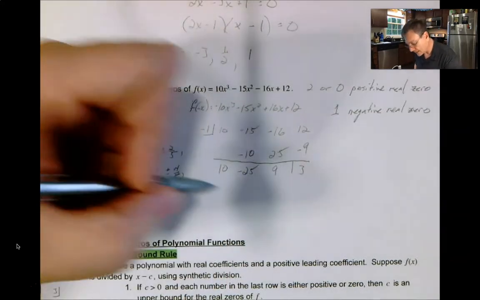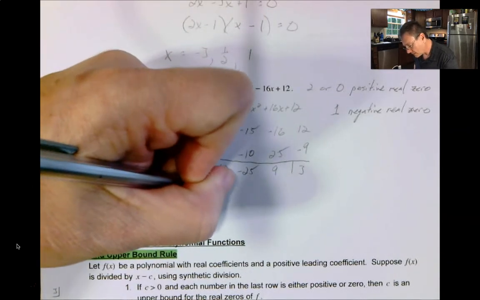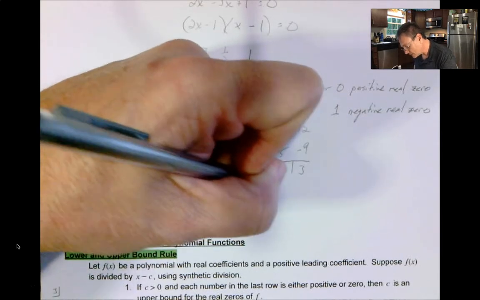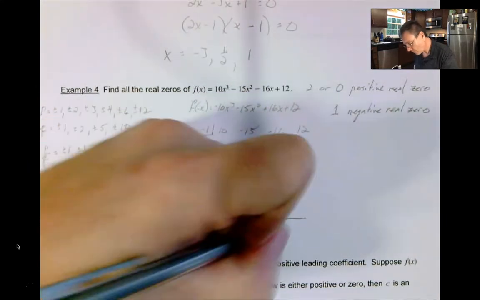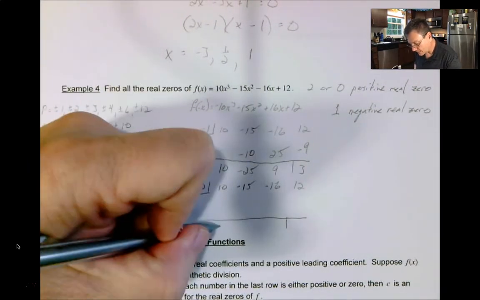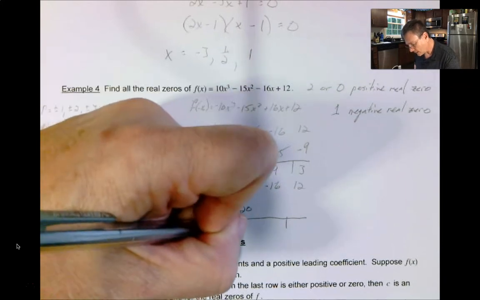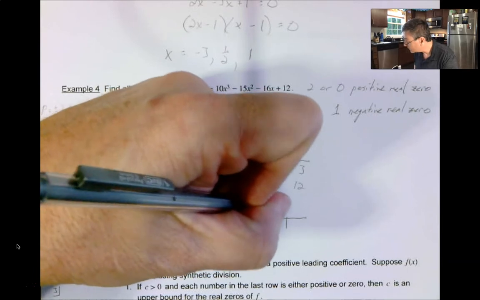Let's try negative 2. 10, negative 15, negative 16, 12. Bring down the 10. Negative 20, negative 35, positive 70.